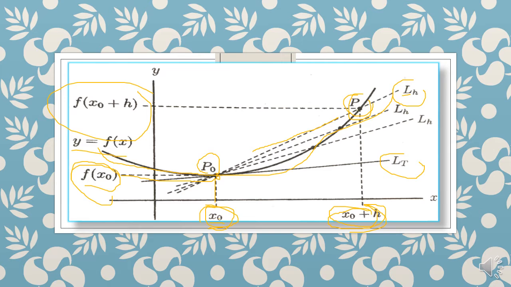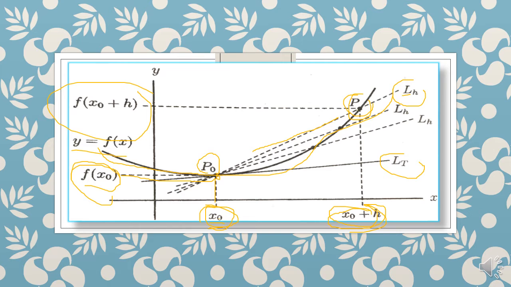This means that the slope of the line L sub h tends to the limiting slope, which is the derivative of f at x sub O, since the limiting position of L sub h is the tangent line L sub t, which is the line tangent to the curve at point P sub O. It follows that f prime of x sub O is the slope of the tangent line to the curve at point P sub O.